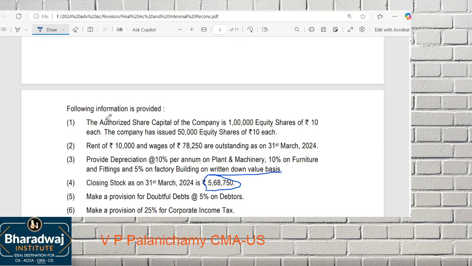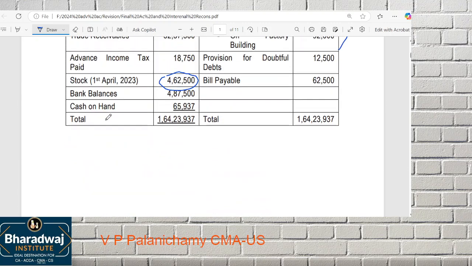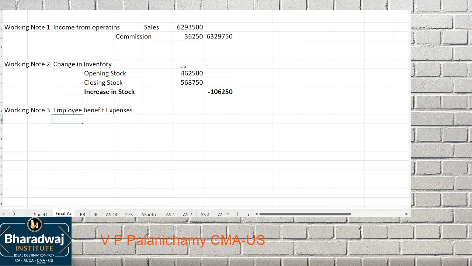Employee benefit expenses. What all will come? Wages and salaries. Start. Please do it along with me. Don't wait. What is the wages and salaries? 6,36,000.